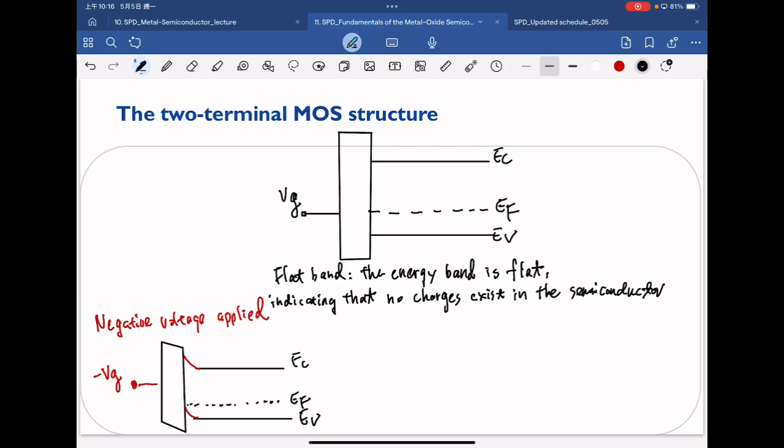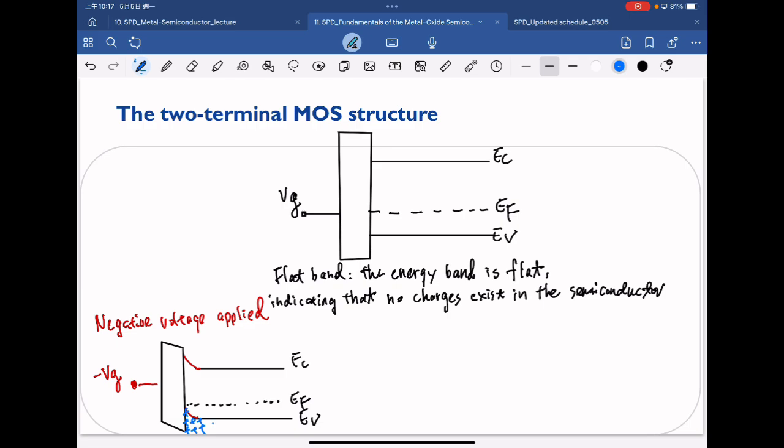Once our EF is close to our EV, that means the hole concentration here is increased, right? That's what we already learned in the middle of this class: once our EF is close to EV, this will start to become more like a P-type semiconductor because we have high holes here.